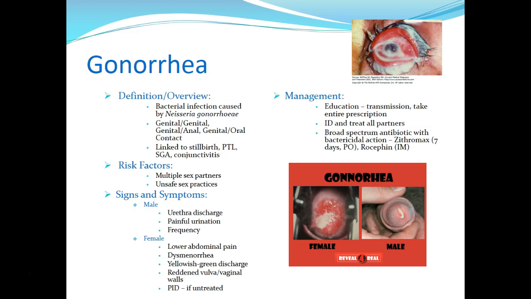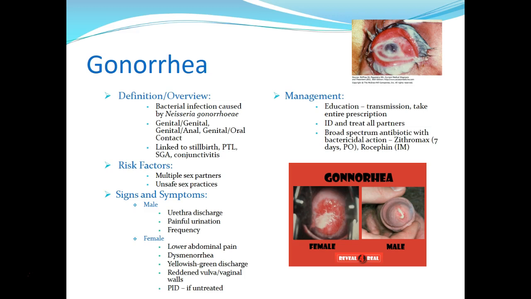We manage gonorrhea in quite the same way we do chlamydia. We treat it with a broad spectrum antibiotic, and we do that with either Zithromax, a 7-day supply, or Rocephin intramuscularly. These days, we really like to use that Rocephin because there's no chance that the patient will not complete that 7-day course of antibiotic, and we can eradicate that infection a little quicker.